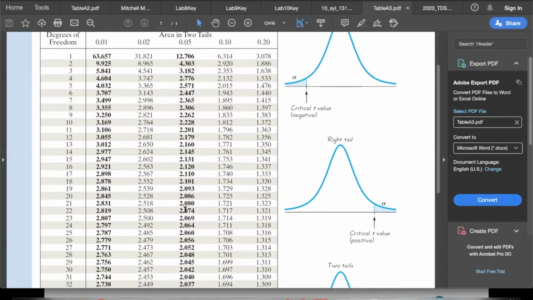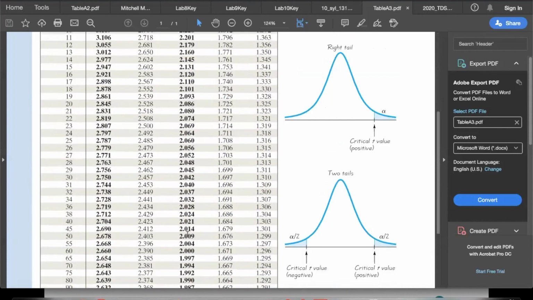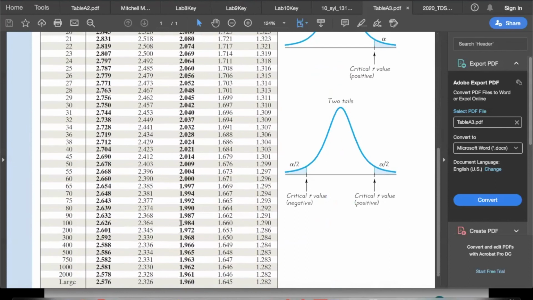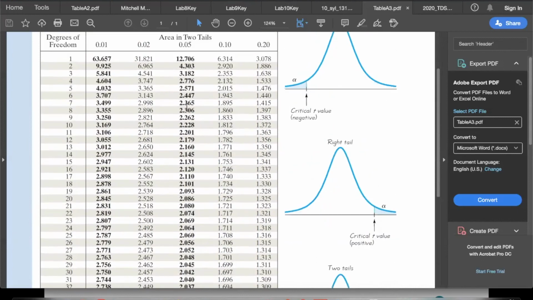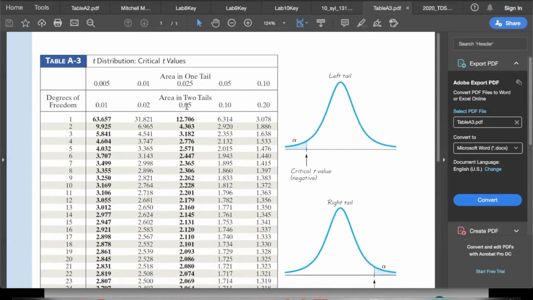I'm going to use 100 degrees of freedom, 1.984. 1.984 gives me combined area in two tails of 0.05. Okay. Oops, forgot to switch back to my okay, there we go.